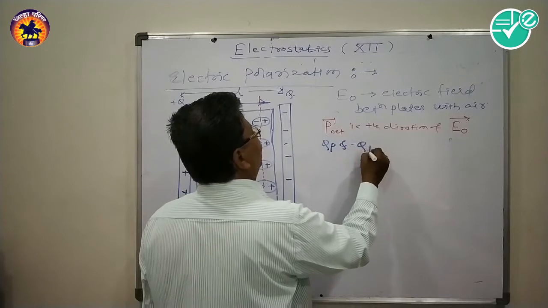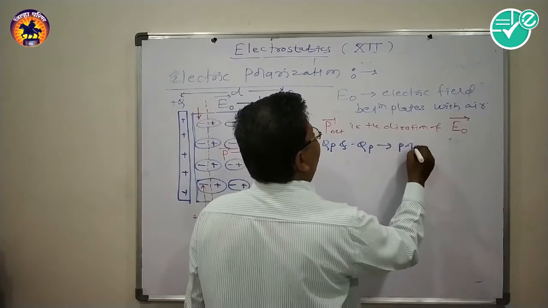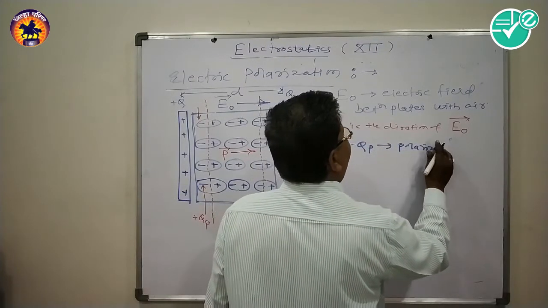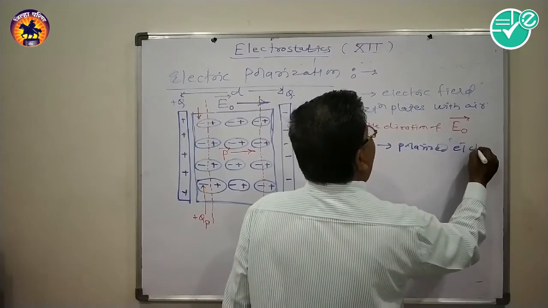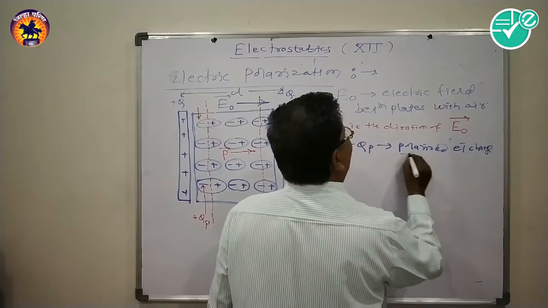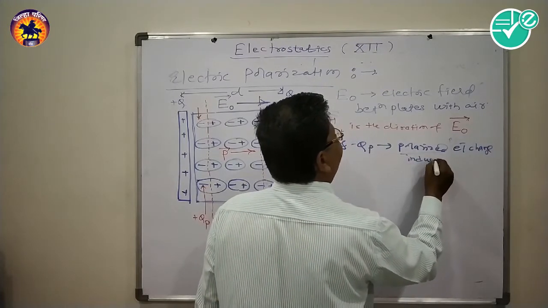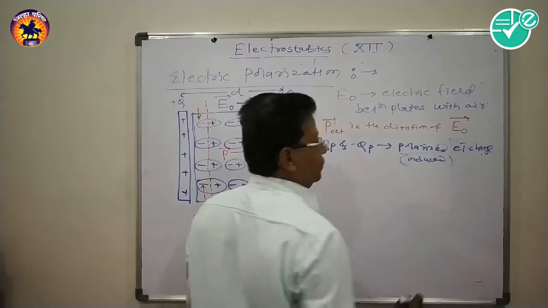So QP and minus QP are polarized electric charges, also called induced electric charges.